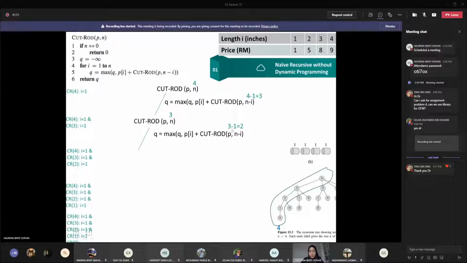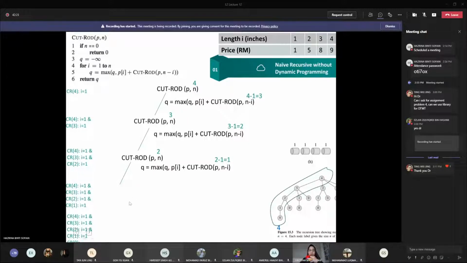In this cut rod 3, our N is 3 and our I is still 1. So 3 minus 1 is 2. Right now minus 1 means we cut 1 inch. I is how much we cut. We cut 1 inch from here to here, then from here to here we cut another inch, then another inch.